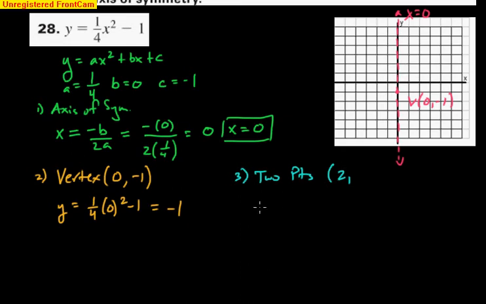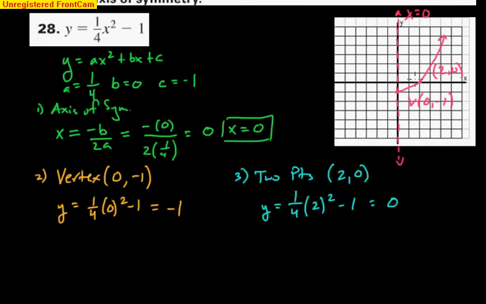So I choose this x value of 2, and I plug it in. Y equals 1/4, 2 squared minus 1. And I use my trusty handy-dandy calculator, and I'm going to get 0. So this is the point 2, 0. And I'm going to graph that on my graph, 2, 0. And there is the right side of this U-shaped graph.